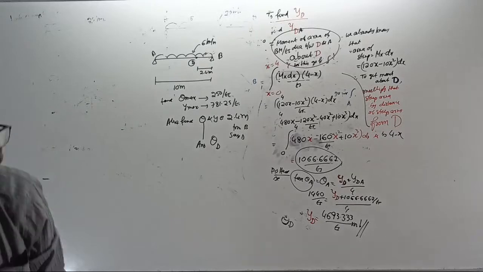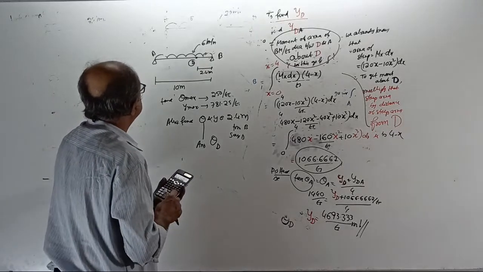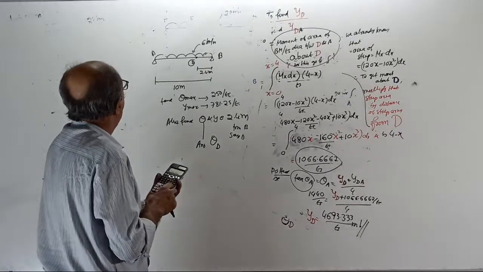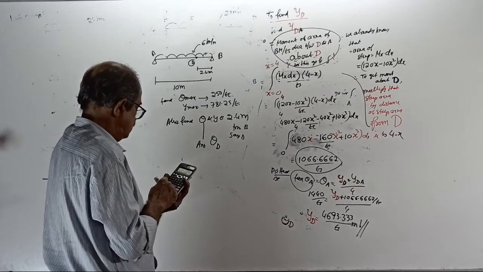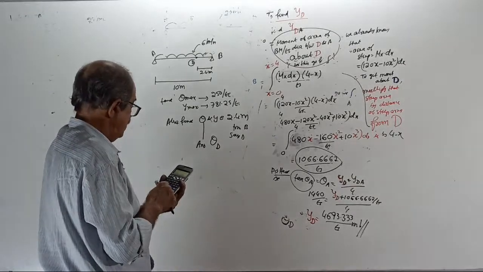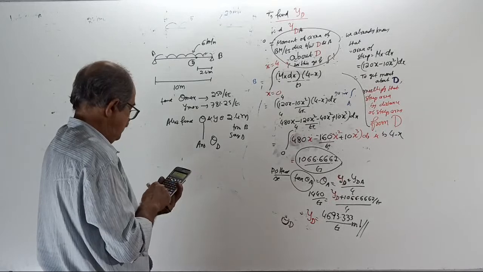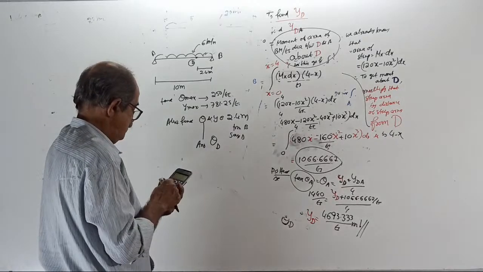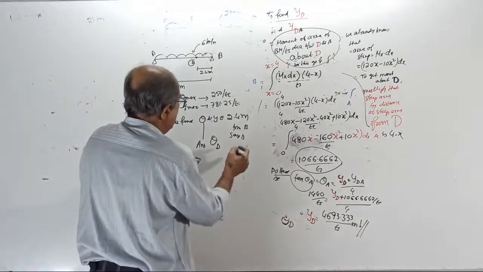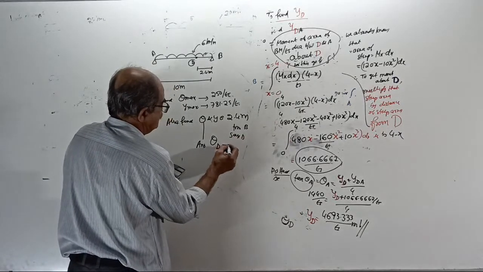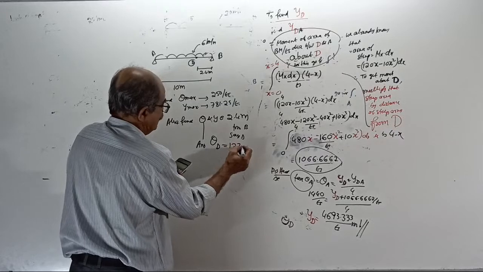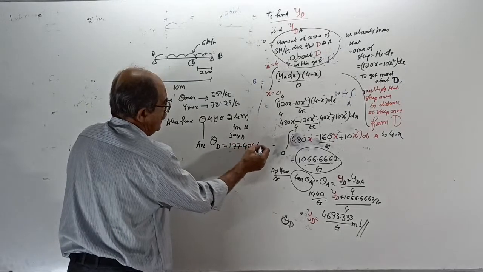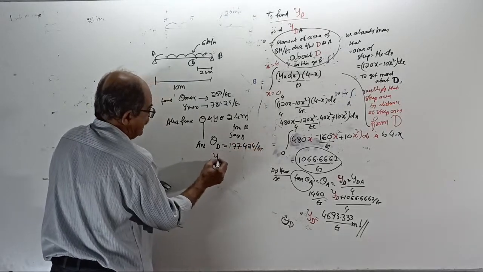Yes, the answer is slope at D will come 177.424 by EI.